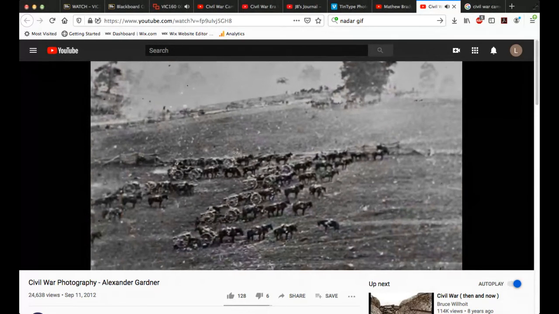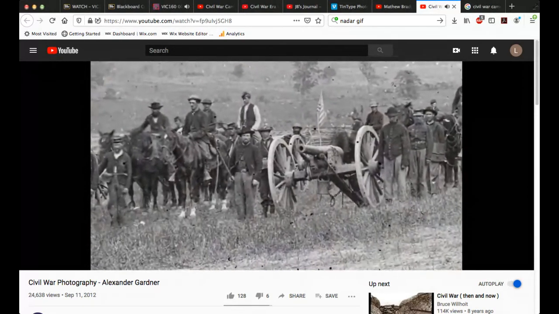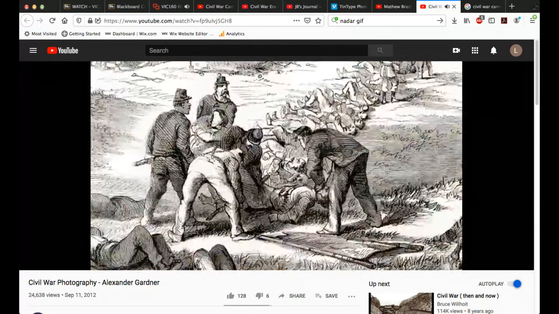What I find fascinating is that on one particular day after the Battle of Antietam, September 19th, 1862, you had on the same portion of the battlefield, that section called the Sunken Road or the Bloody Lane, two men who were trying to capture images, but doing it in two entirely different ways.